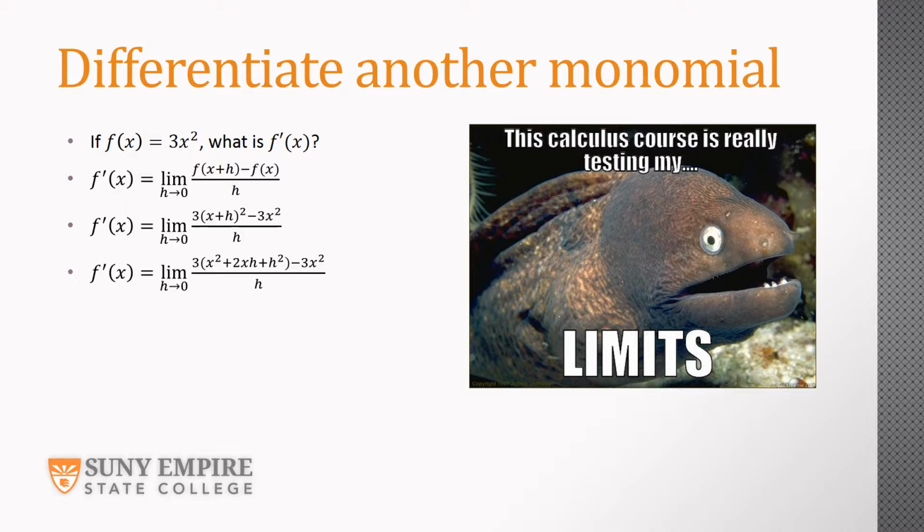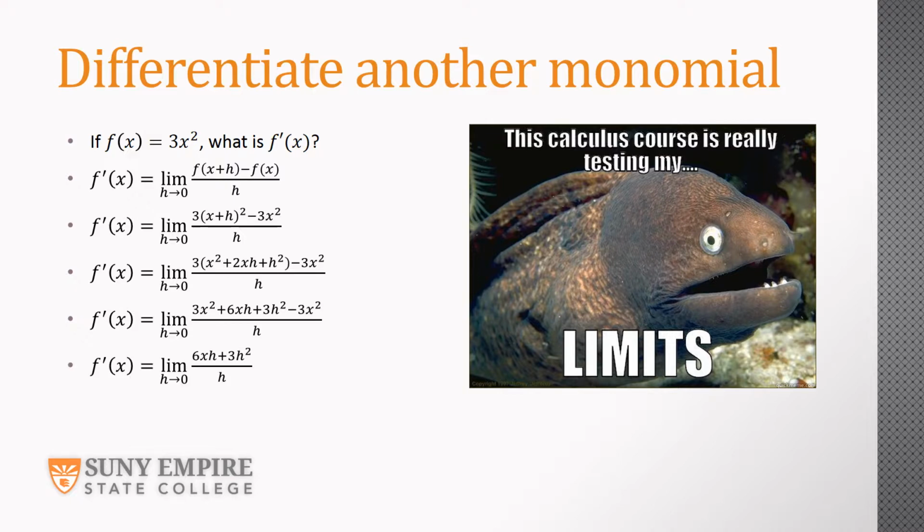Expanding, we have the limit as h approaches 0 of 3 times the quantity x squared plus 2xh plus h squared minus 3x squared divided by h. Distributing through the parentheses, f prime will be the limit as h approaches 0 of 3x squared plus 6xh plus 3h squared minus 3x squared divided by h.